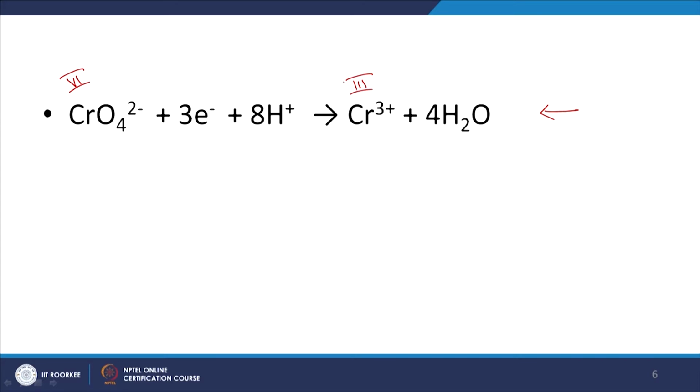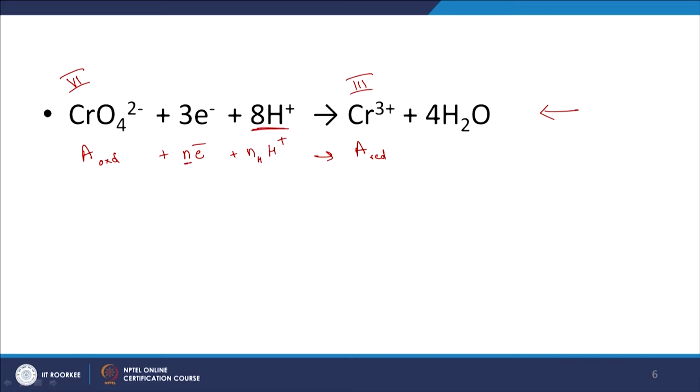But unlike the earlier case, where we had just the oxidized form accepting electrons and forming the reduced form, we also have H plus here too.